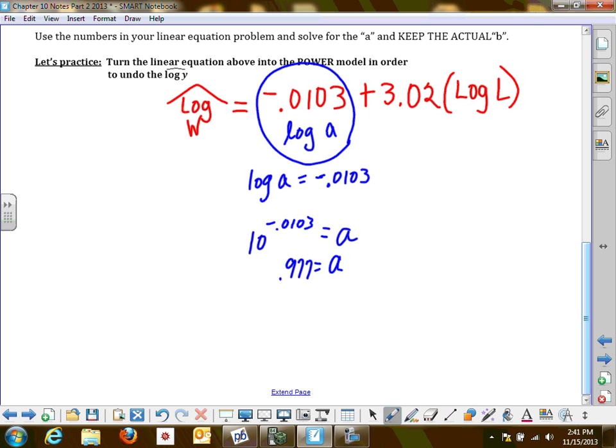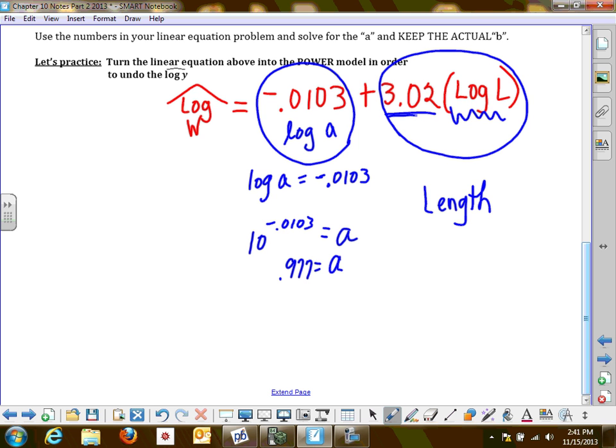Okay, now, I want you to consider unlogging this component here. Well, the unlogging process addresses your log of length. That's how you get your regular old length. Okay, so unlogging this gives you the regular length, and then this slope turns up into the exponent. So this still stays 3.02. Okay, because the log was basically transforming this length. You're not changing the b value.